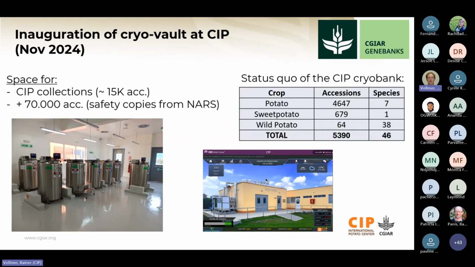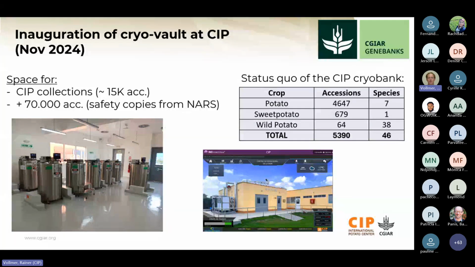Then in November 2024 at the International Potato Center, we inaugurated a new cryo vault, a new cryo bank that has much more space for our collection, but also for 70,000 accessions of other institutes.